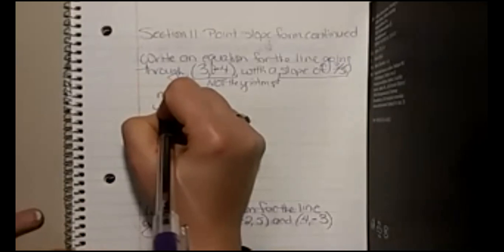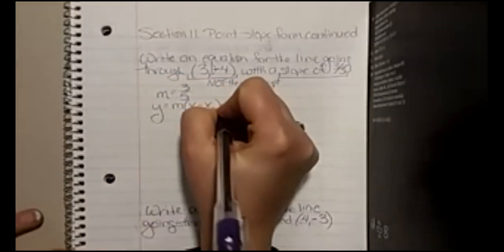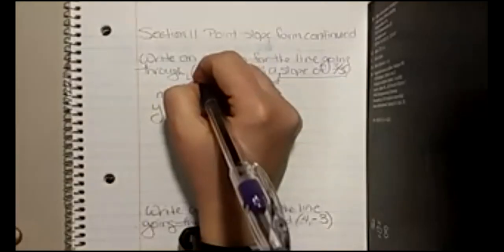So I can't just jump in with y equals mx plus b. I have to use point slope form. Point slope form is y equals m times (x minus x1) plus y1. I have an m, I have an x1 and a y1 because I do have an ordered pair, so I'm going to substitute those values.